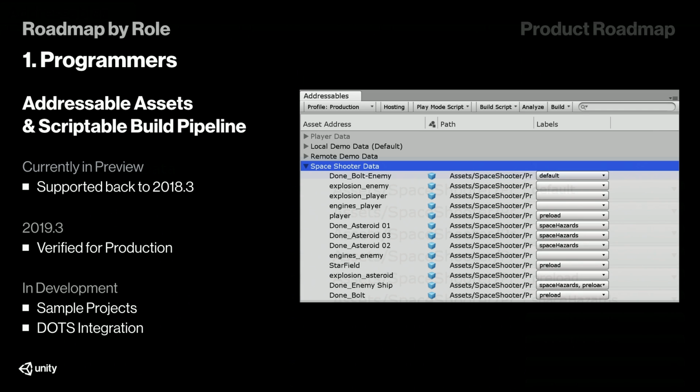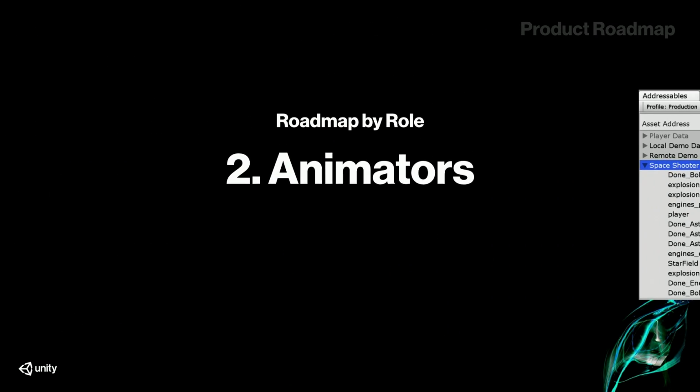And in development also are some sample projects for that, so basically to help you understand what's going on with addressable assets, to help you know how to integrate them in your projects through real-world examples. And also DOTS integration is a big part of this. Obviously, DOTS is kind of the future of Unity, and we're making sure that addressables and the scriptable build pipeline is something that fits into that picture as well.